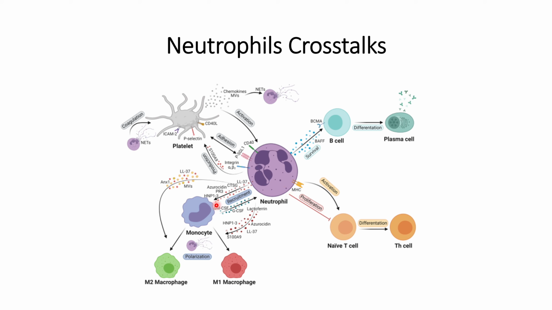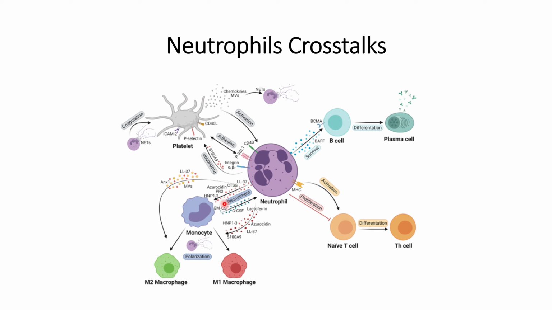And lastly, they interact with the monocytes. Sorry, I want to correct myself. In order to recruit the monocytes, neutrophils release cytokines such as HPN1, A01, CTSG1 and LL37.